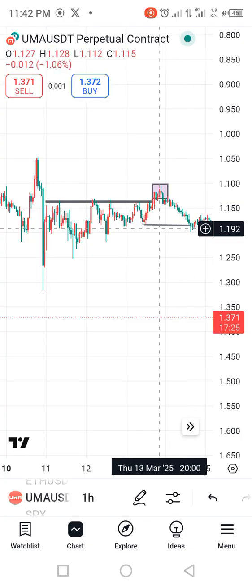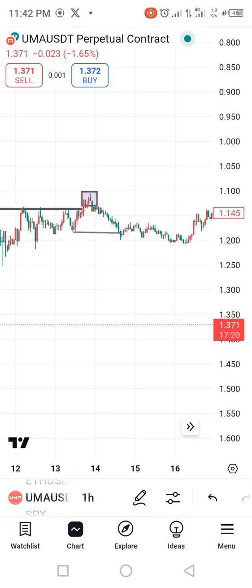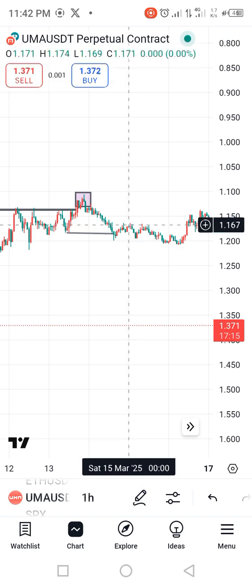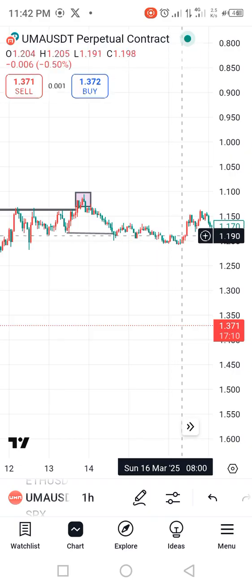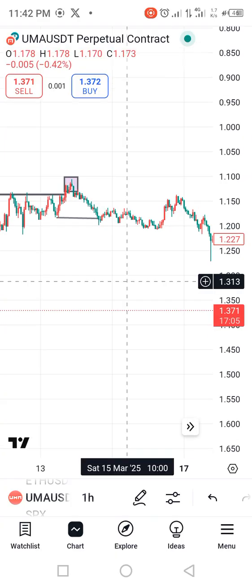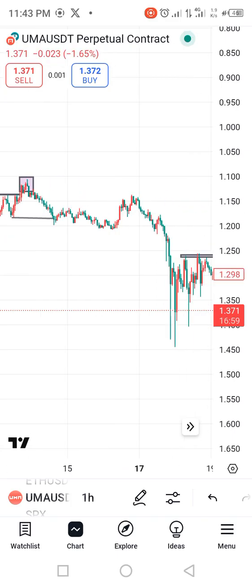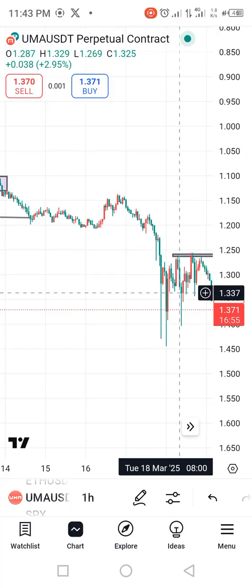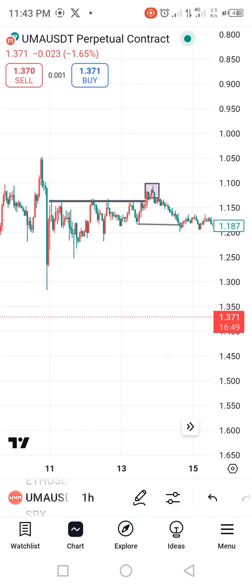The moment it takes out the high and the low, all you need to do is to wait for a quick sharp retracement like this, like it retraces down like this, and then it retraces up like this or like this. Then you sell the market. Can you see? It's a very simple strategy.